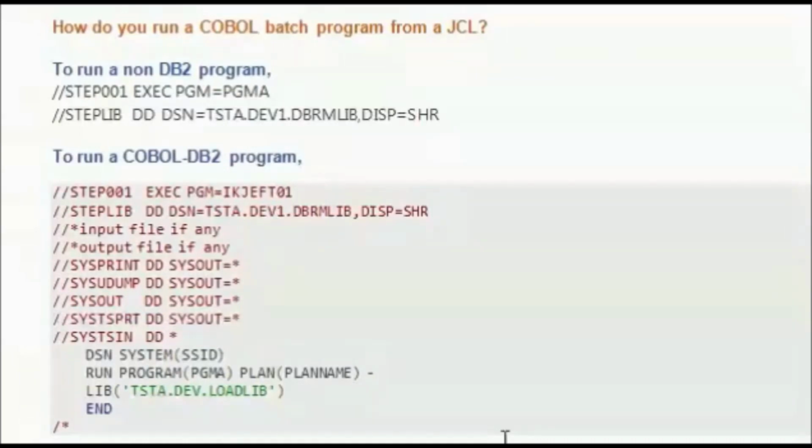When you want to execute a COBOL program via JCL, the program needs to be compiled first, and then a load module is created. In real time, the name of the load module is the same as your program name. In our example, PGME is the load module name.